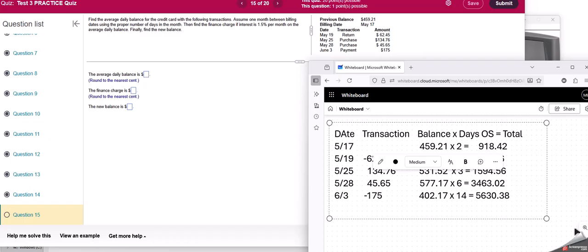Okay, so then we come down and we add up our totals. And again, I'm just a little annoyed I can't get this to move because now I don't know what my total was underneath of there.